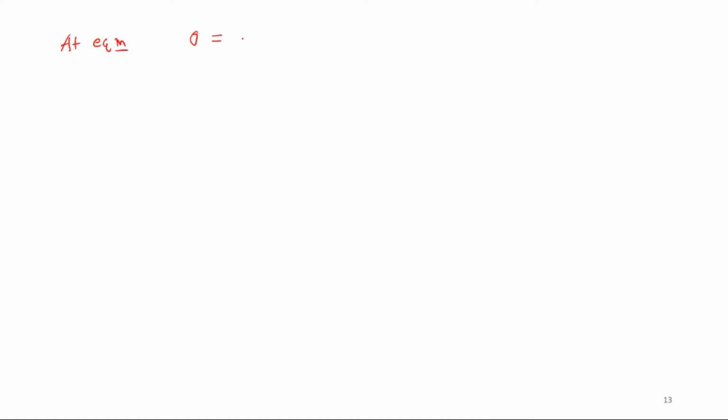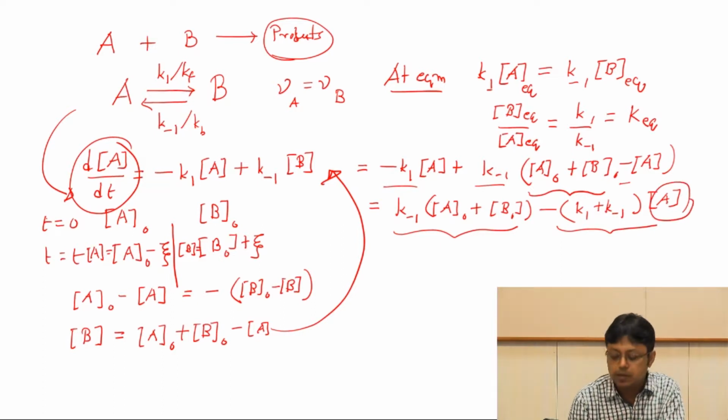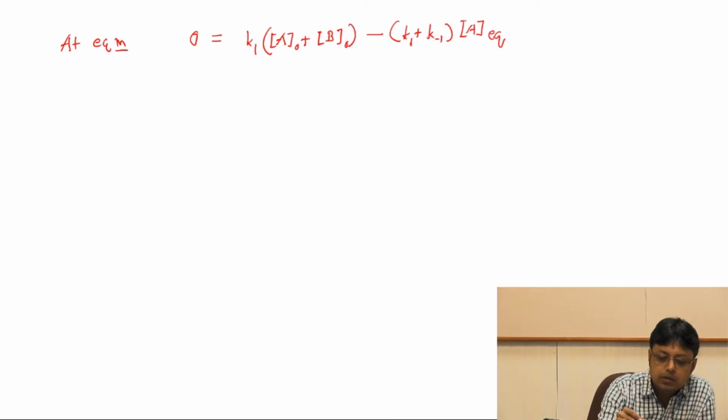So dA/dt will be 0, which will be nothing but the constant term minus this term, but instead of A, we'll write A equilibrium, which is the equilibrium concentration of A. So we get K minus 1 times A0 plus B0 minus K1 plus K minus 1 into A equilibrium, because it is the equilibrium concentration. So this constant term is nothing but K1 plus K minus 1 into A equilibrium.